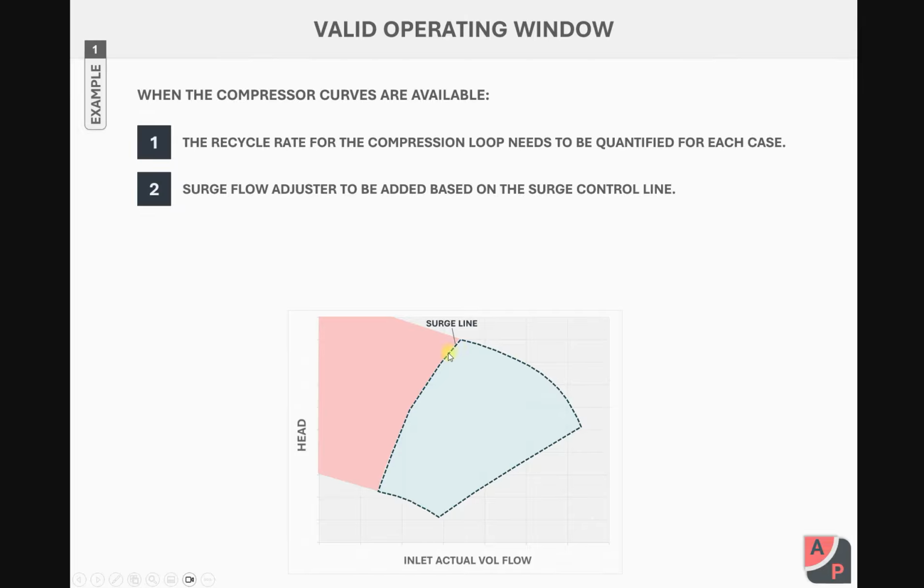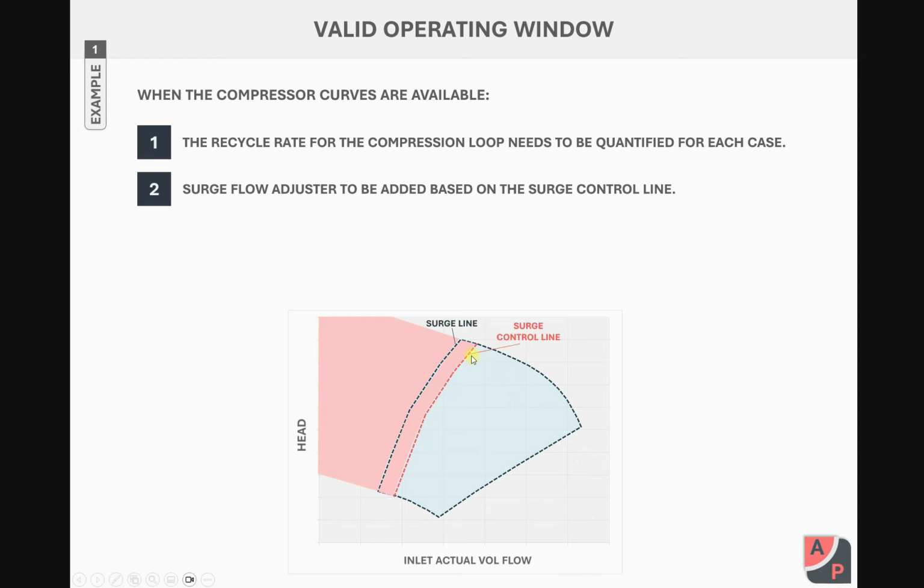The line on the left side of the envelope is the surge line. Any operating point, in practice, on the left side of the surge line can result in catastrophic damage to the compressor.